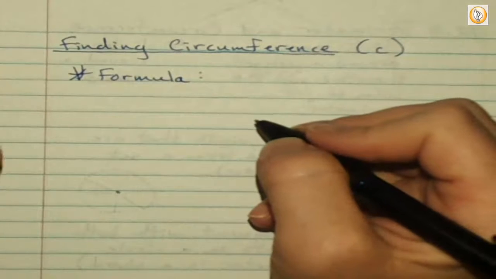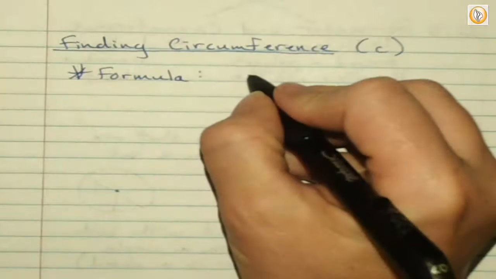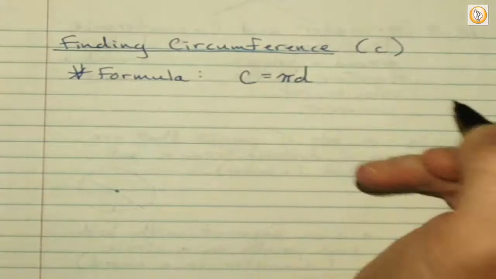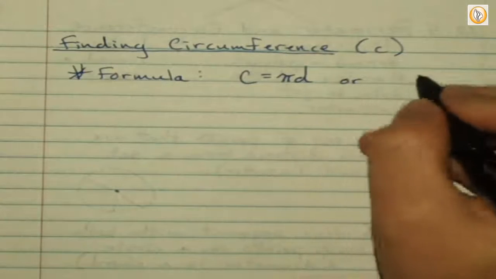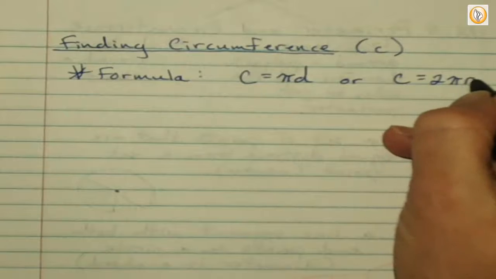There's two different ones, but they're the same thing. So when I write them, you're going to need to sit there and think about what it's saying. They're not two completely different formulas. One is C equals pi times D, or C equals 2 pi r.